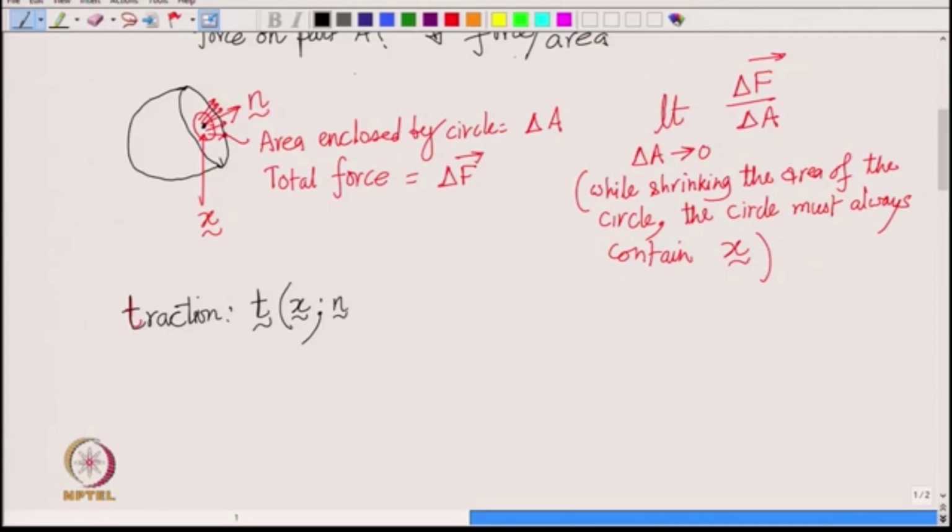Okay. So, it is a function of two variables x and n, and this is now equal to limit delta A going to 0 of delta F by delta A. As we went through this definition, I think the physical definition is clear.